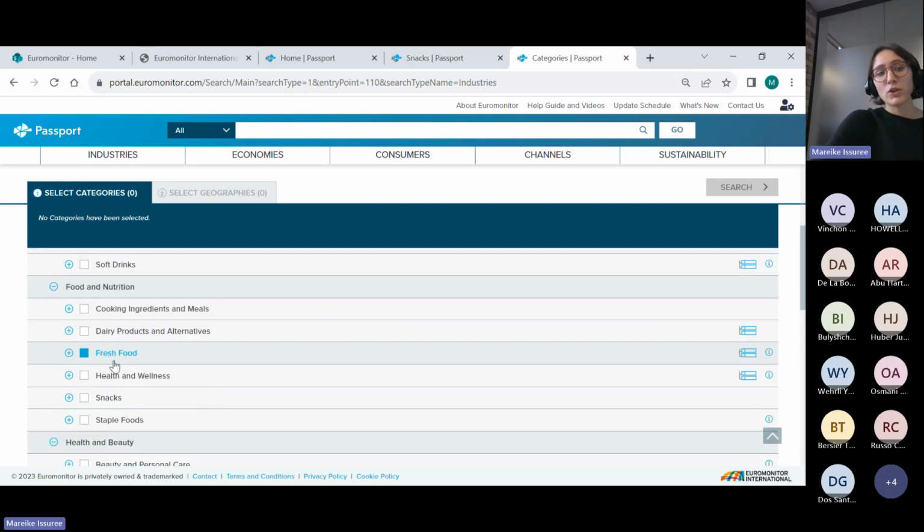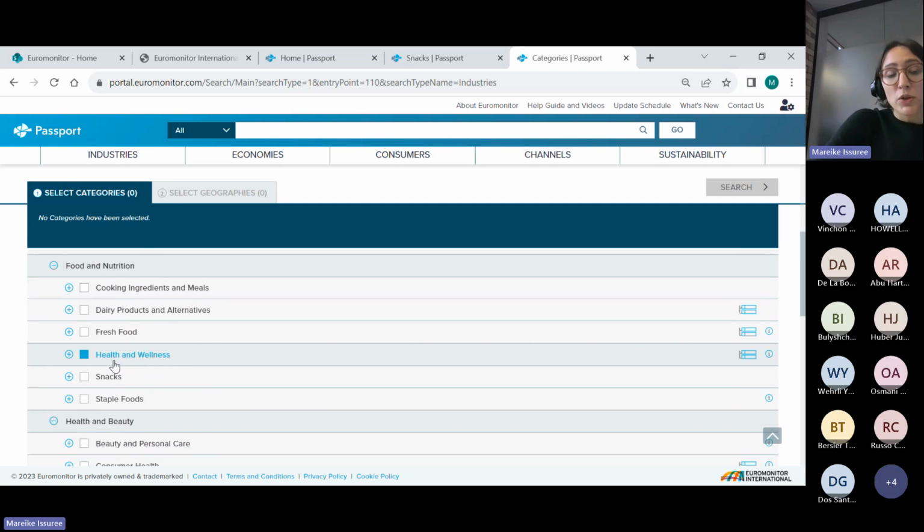So let's say we want to look into a market entry study. We want to understand the chocolate confectionery market for Switzerland, Germany, and maybe Italy. We want to understand which market is most attractive to enter based on the consumption, based on the forecast growth of the market, based on the competition.